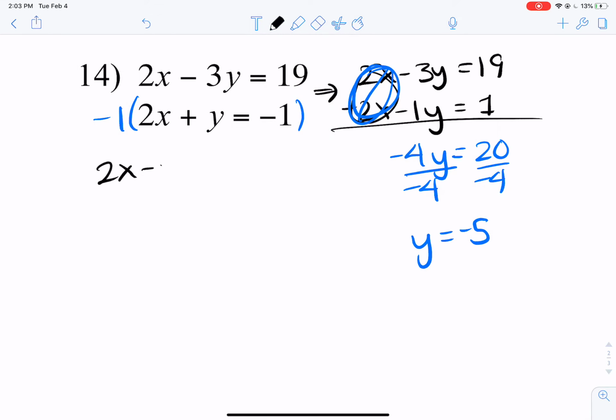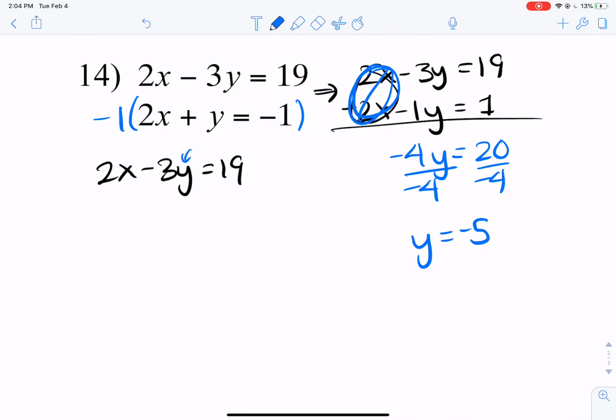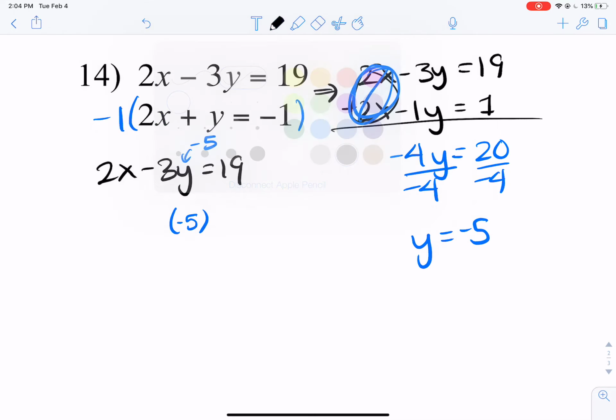So 2x minus 3y is equal to 19. And again, we're replacing the y value with negative 5. So 2x minus 3 times the negative 5 is equal to 19. Negative times negative gives me a positive.